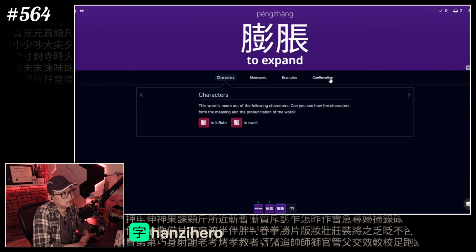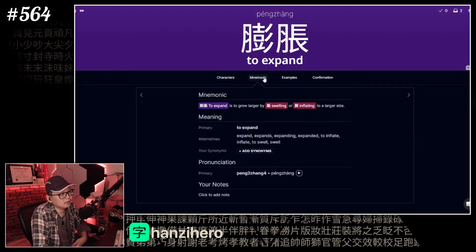And then zhang is to swell up. So inflate and swell, expand. Fair enough.